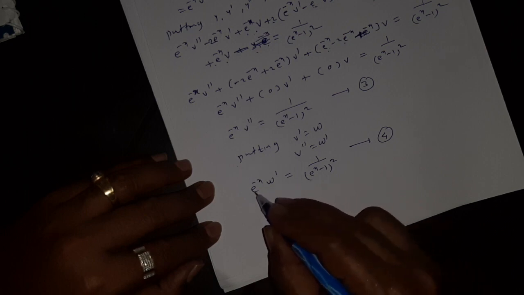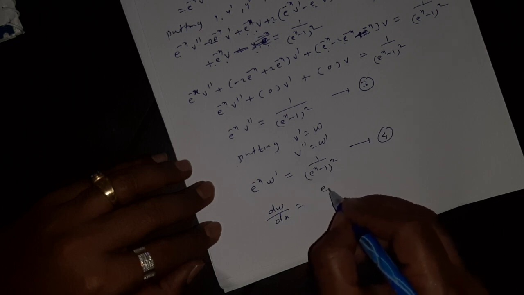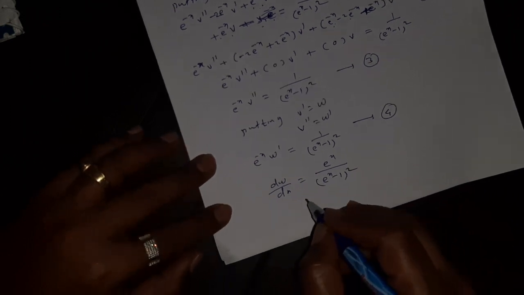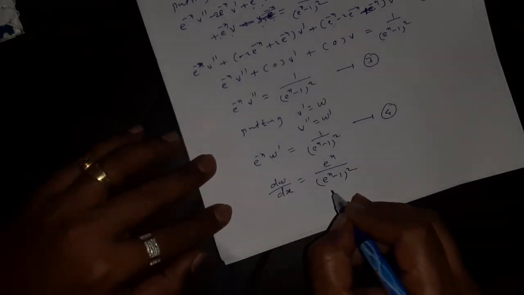Shift this e raised to minus x. The w dash means dw by dx. So e raised to minus x is shifted to the right side, then it becomes multiplied by e raised to x. This is the differential equation in w and x. The two variables are w and x.